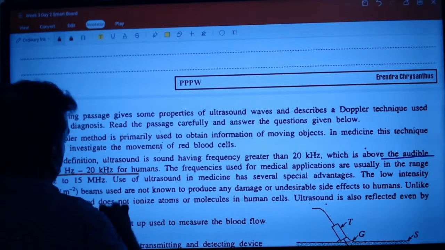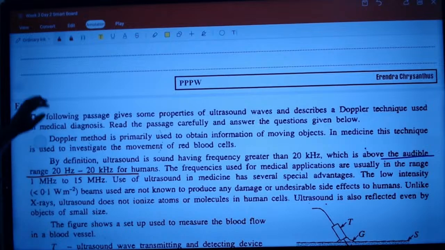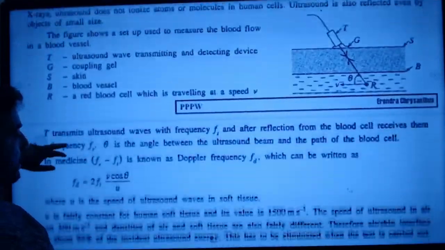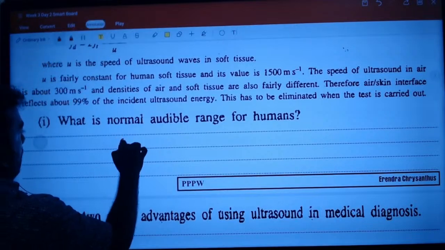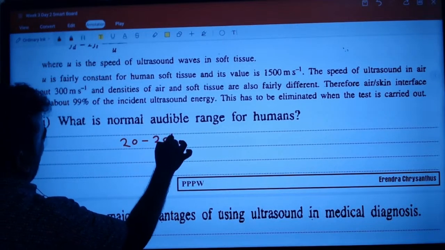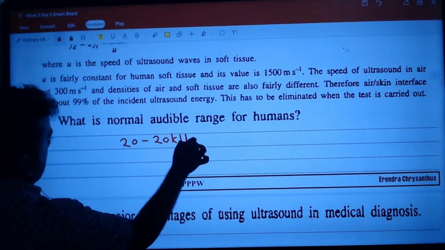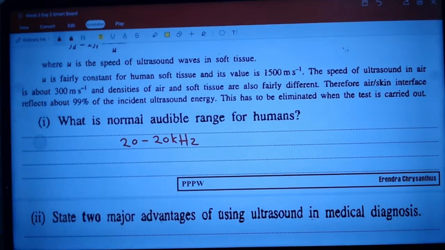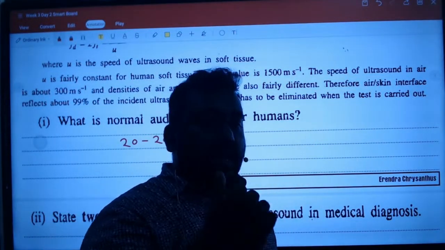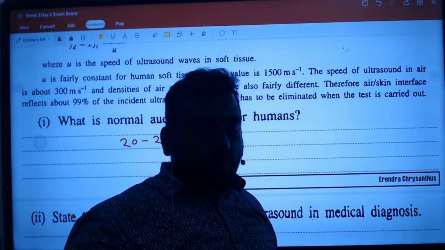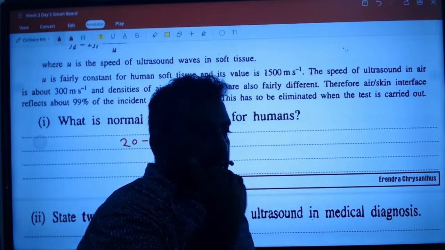Not difficult. So in a passage question, don't read the passage and start. You just skim through the passage, but start from the question. Find the answer.